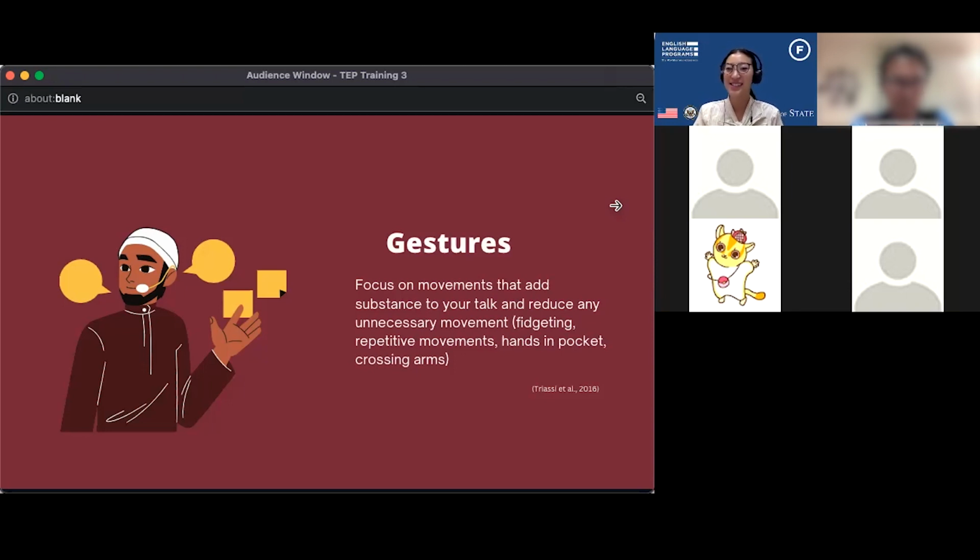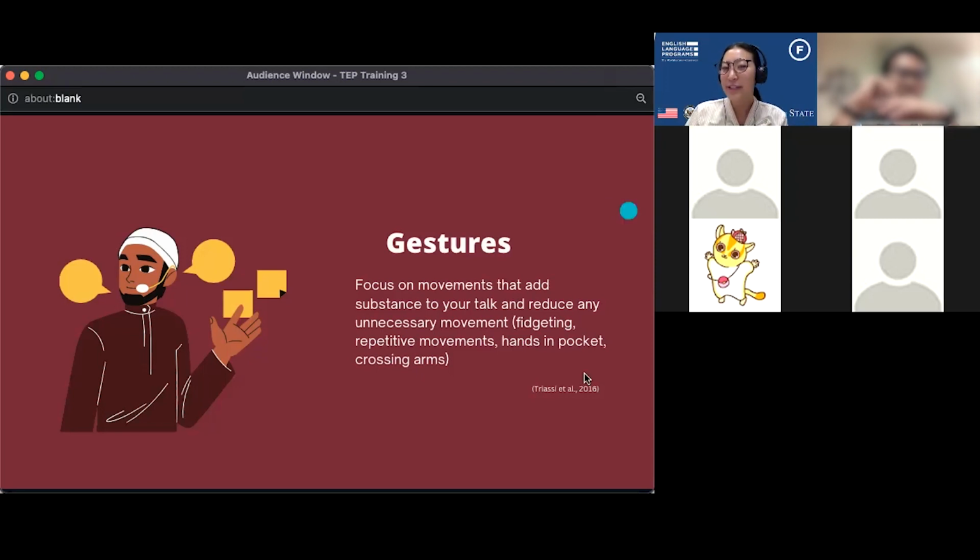I also ask students to reduce any unnecessary movements like fidgeting or repetitive movements, crossing arms, or hands in the pocket. I've noticed that the Japanese students do not tend to do this, but other students I have taught may have some difficulty and need more awareness around this.